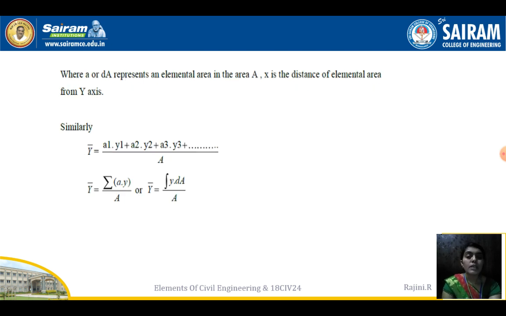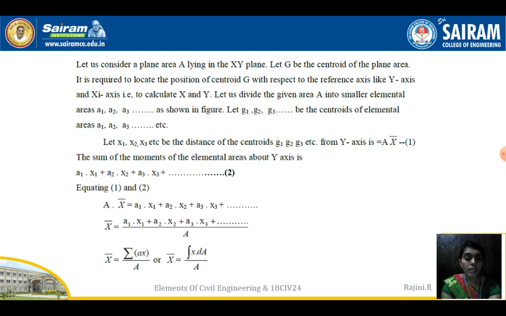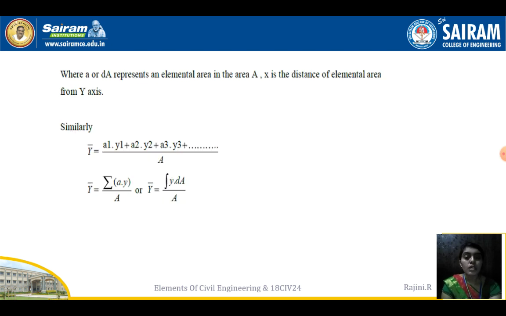Here you are multiplying all your y distances with A1, A2, A3 divided by the A. So therefore, y bar is equal to the summation of A into y divided by A. Here you can see x bar is the summation of Ax divided by A. It is a very important formula to solve the problems. So y bar is equal to the summation of Ay divided by A. So we got the formula to find the distance.